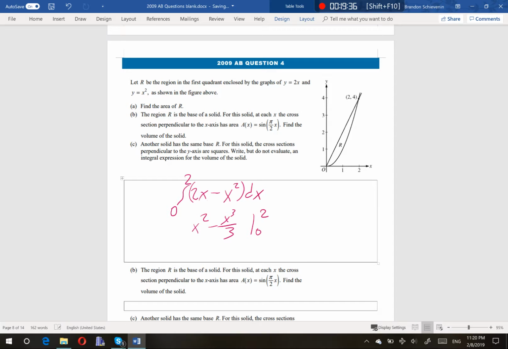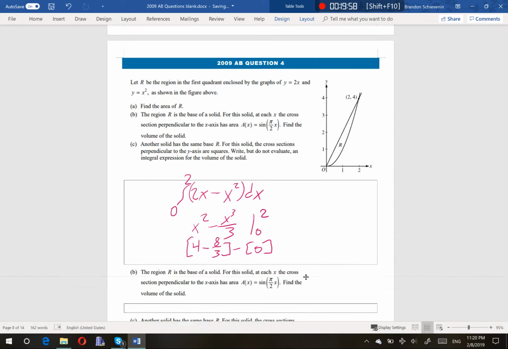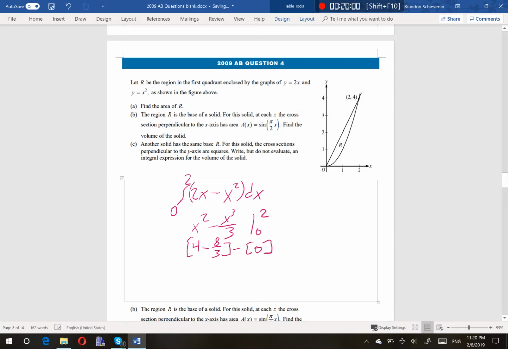Okay, so I'm going from 0 to 2, so I'll plug in 2 first. When I plug in 2, I'll get 4 minus 8/3. And then when I plug in 0, I'll get 0. So this will be 4 minus 8/3 minus 0, or 12 thirds minus 8 thirds, which is 4 thirds.